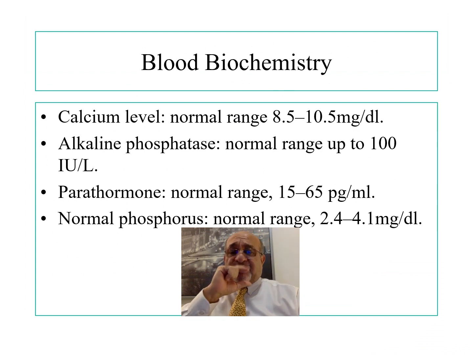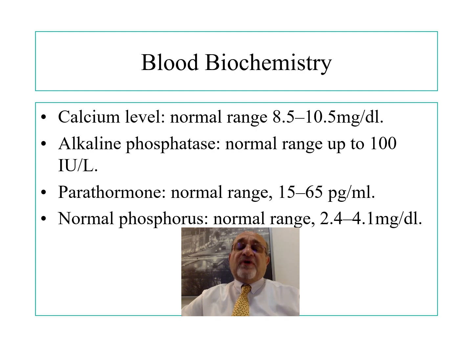Normal calcium levels, now we're talking about the blood biochemistry. The normal calcium level ranges from 8.5 to 10.5 milligrams per deciliter. The alkaline phosphatase level ranges up to 100 international units per liter.